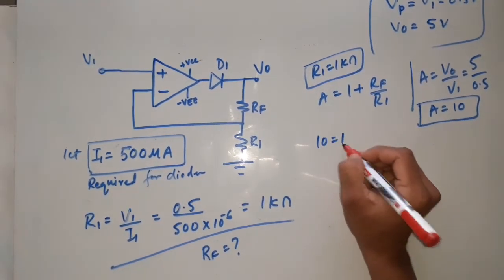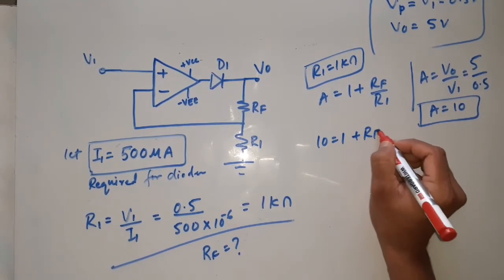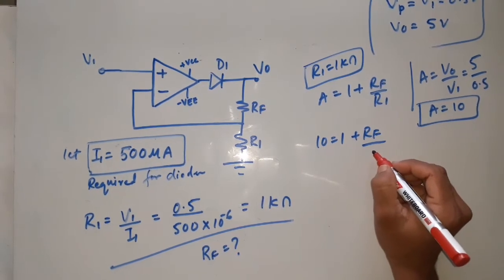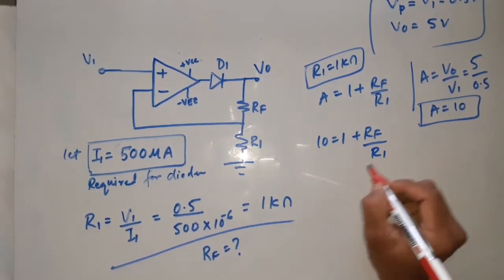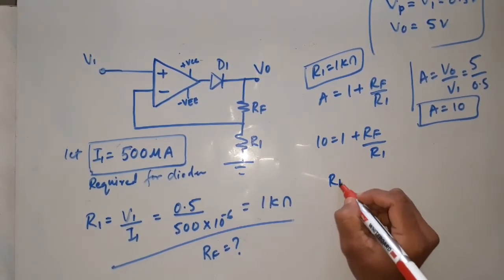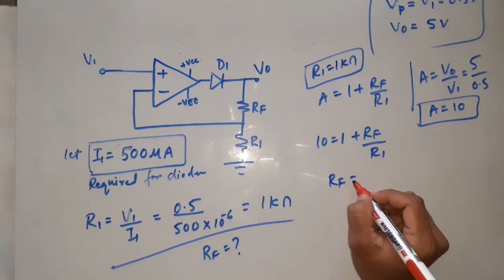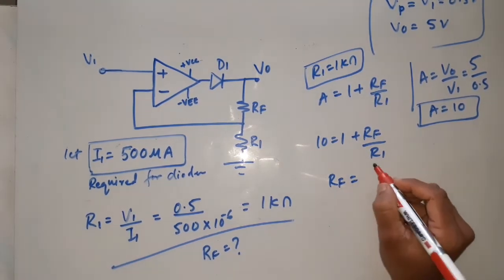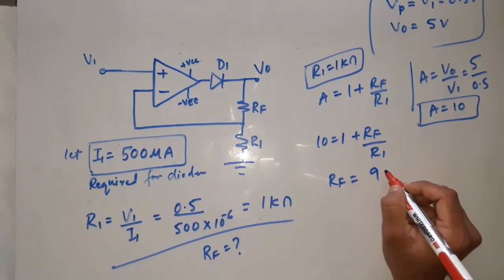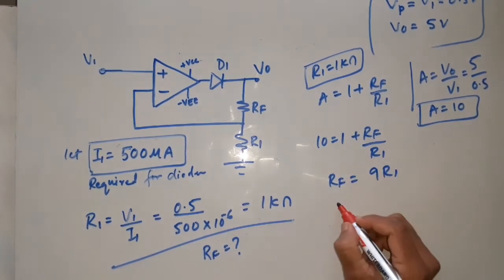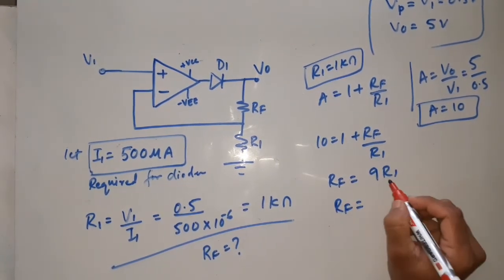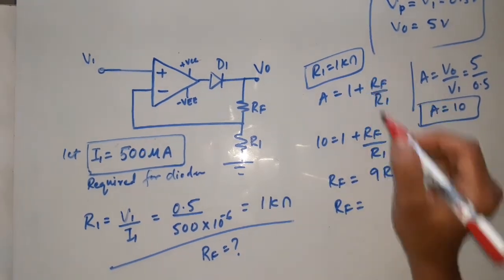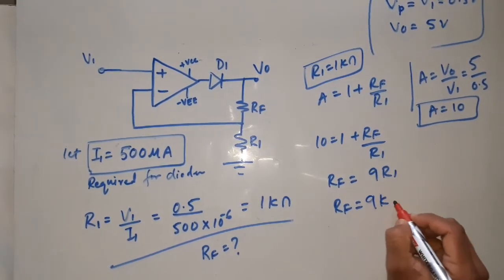So 10 equals 1 plus RF by R1. Therefore RF equals 9 times R1. R1 is 1K, so this gives you 9 kilo ohms.